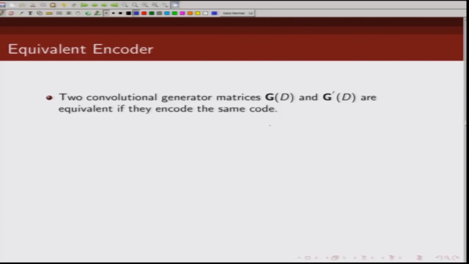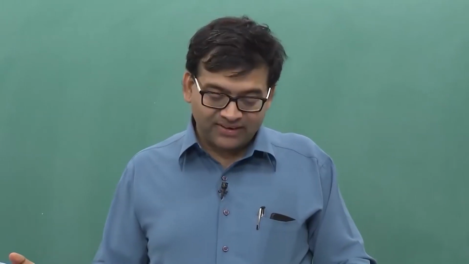The set of code words generated by this and this, if they are the same, then these generator matrices are equivalent. Now, the set of code words generated by these generator matrices is the same, but the mapping between the input and the output is different in this encoder from what the mapping between inputs and output is for this generator matrix.